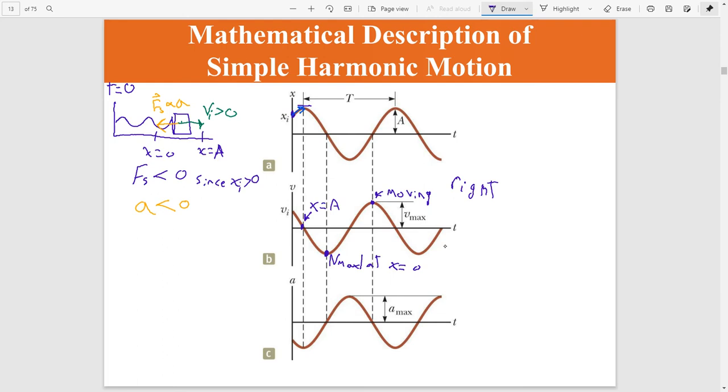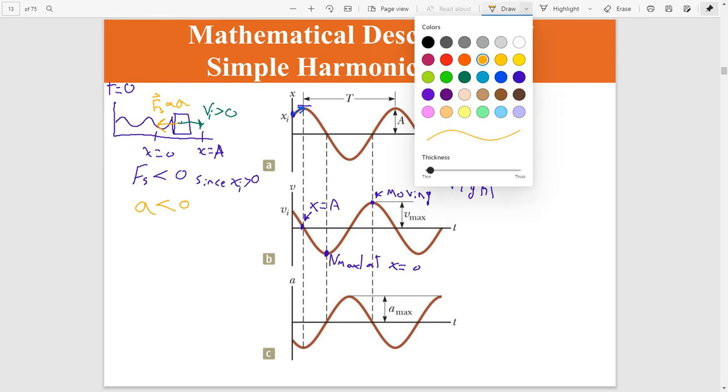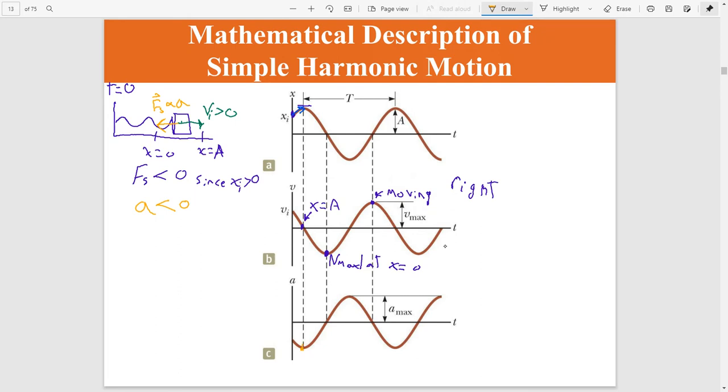Now, what happens to the acceleration during this time? If we look at the point when the position is at max amplitude, the acceleration, magnitude-wise, is at a maximum, but it's going to be a negative acceleration, because at the state of being fully stretched, it's going to want to accelerate the block all the way back to the left.